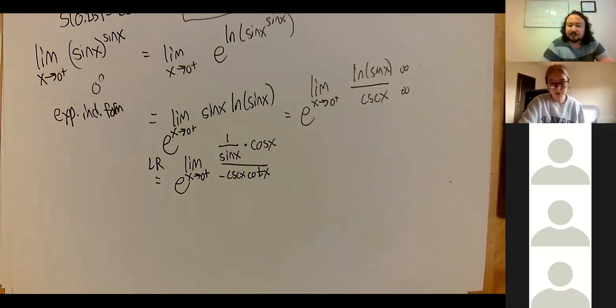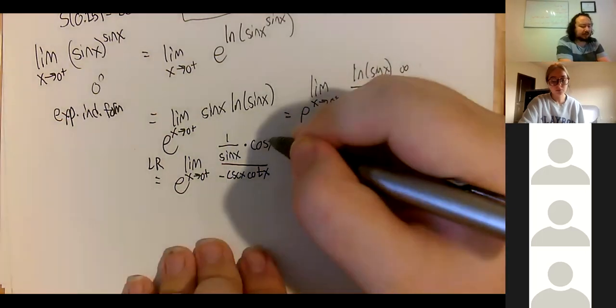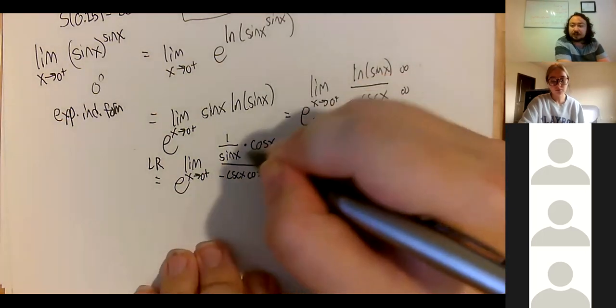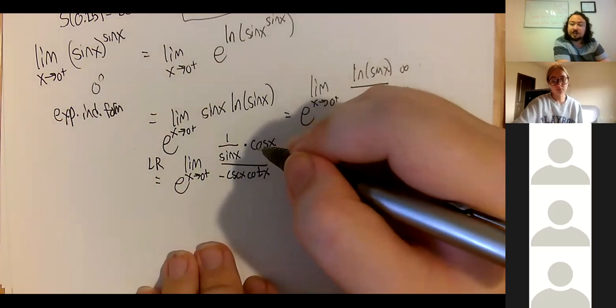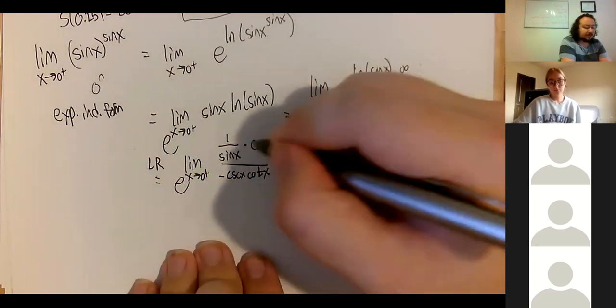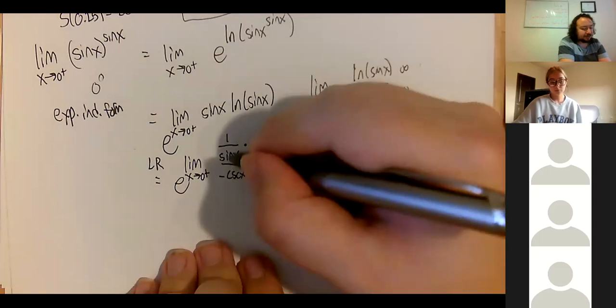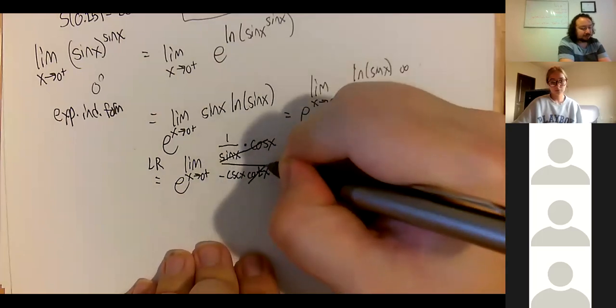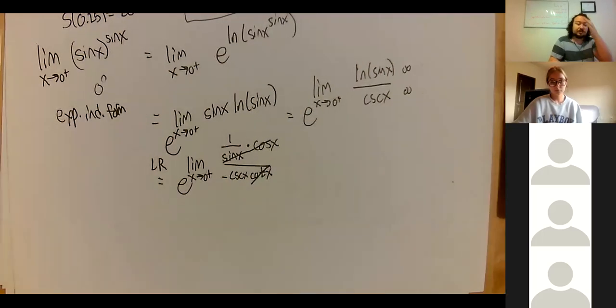When you cancel the cosecant and the 1 over sine. Oh, you could do that. I didn't notice that. I was more thinking that we have cosine over sine here, which is the same thing as cotangent. So this cosine over sine is cotangent, so that will cancel with this cotangent. But you would have gotten to the same place if you would have done cosecant as well.